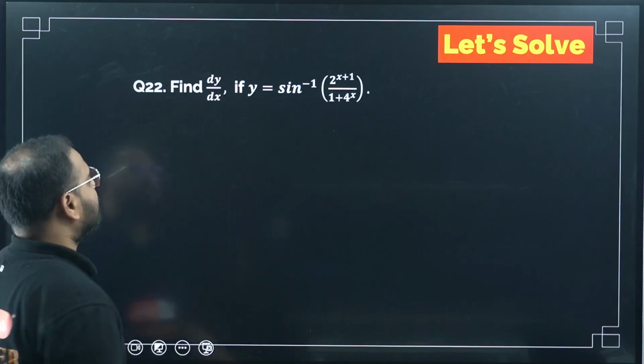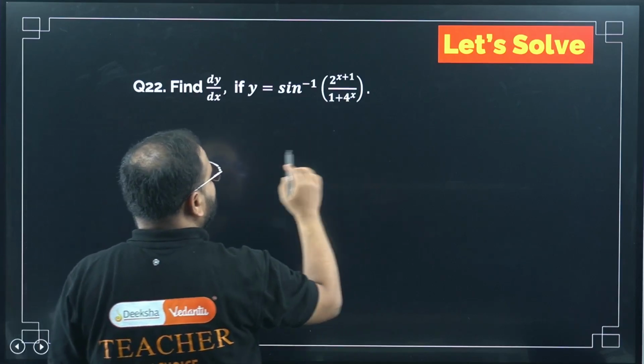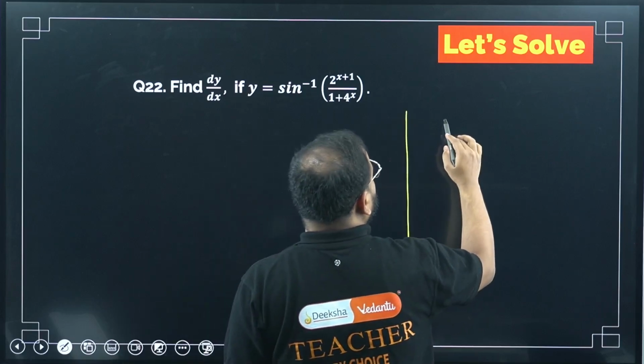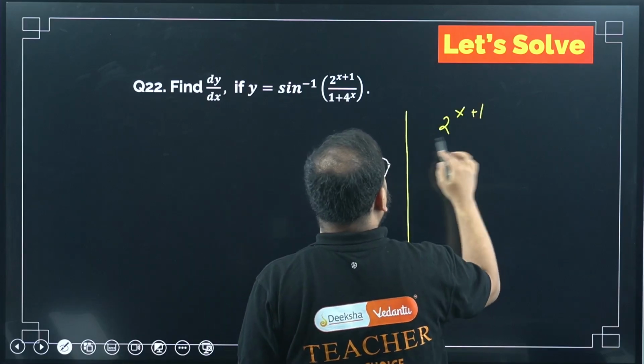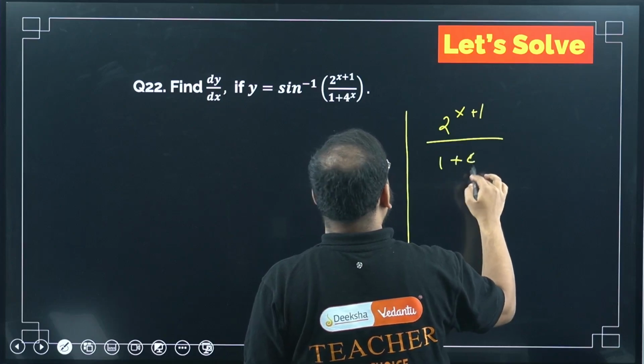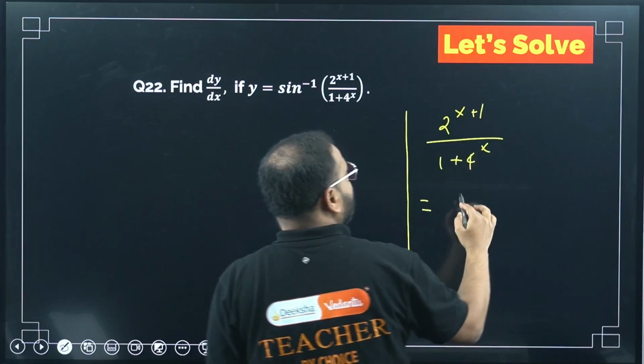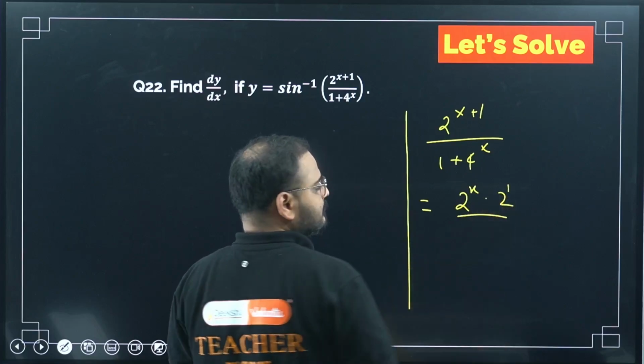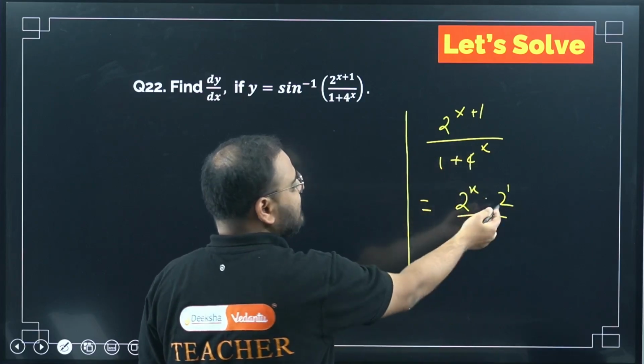So let's check. I can rewrite this bracket. I'm writing this bracket again. I can rewrite this bracket as 2 power x plus 1 upon 1 plus 4 power x. 2 power x plus 1 means 2 power x times 2.